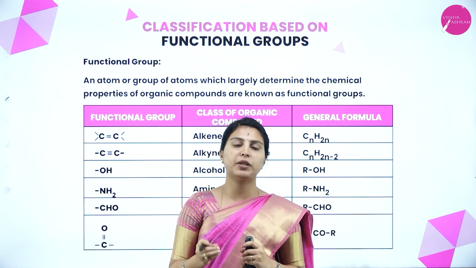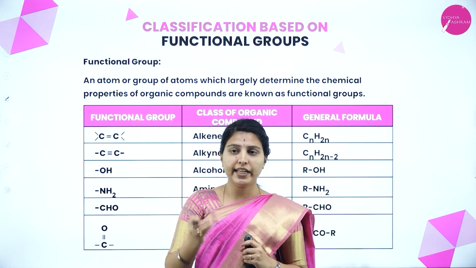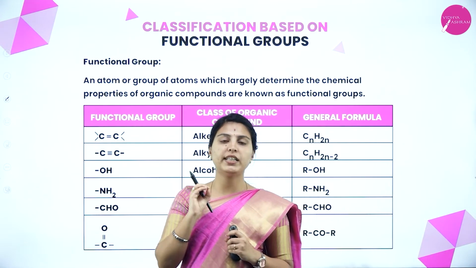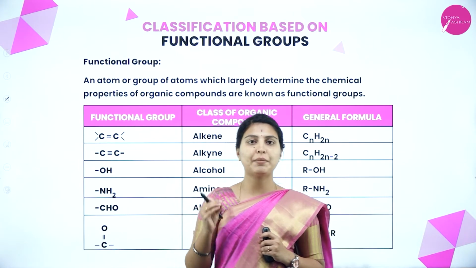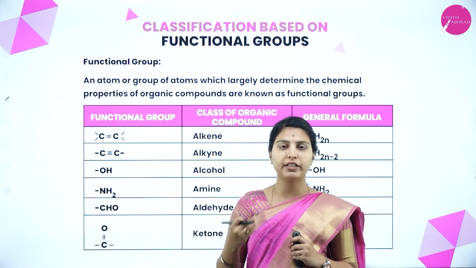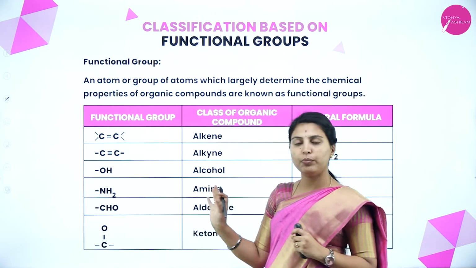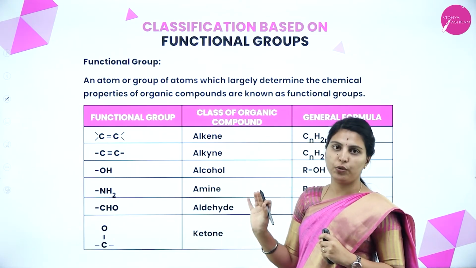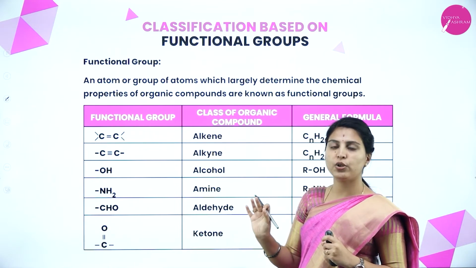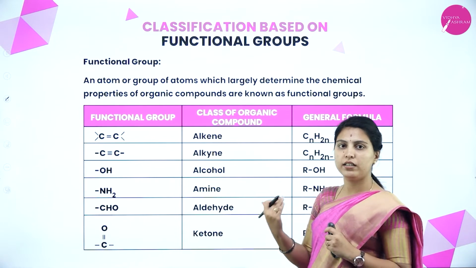If CHO is present, it comes under another category, that is aldehyde. Like that, the functional group determines the overall properties of the organic compound, what the chemical properties are, and how it will react with others. Based on the functional group only, we classify our organic compounds in another way.